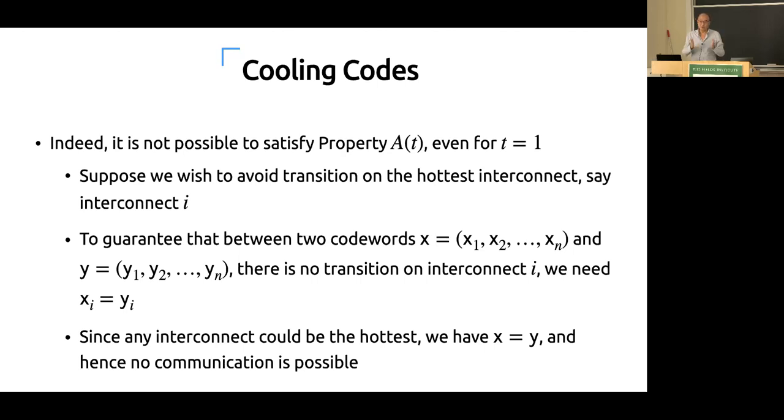But any one of the interconnects could be the hottest interconnect. That means the code word that you're going to send has got to be identical to the code word that was sent before, in order to guarantee that you do not make any transition on the hottest wire. So no communication is possible.